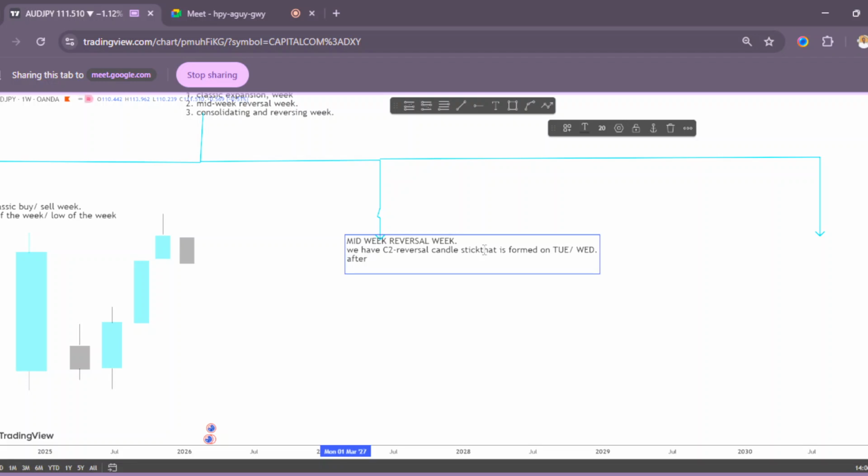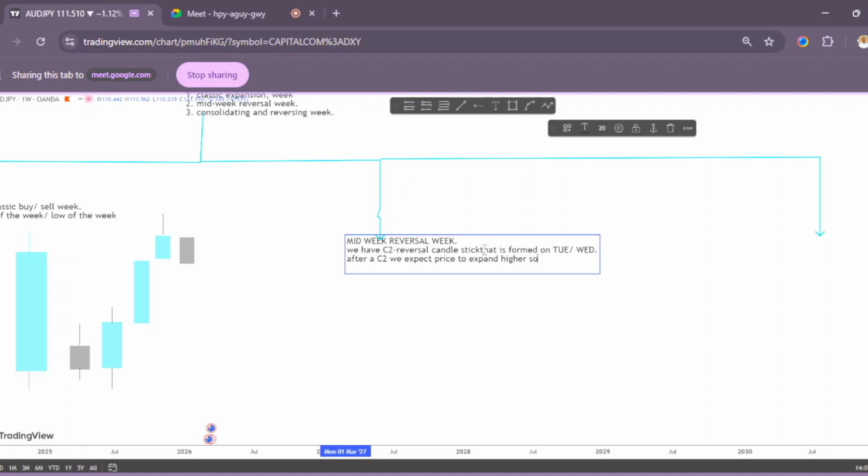After candle 2, a candle 2 closure, we expect price to expand higher.